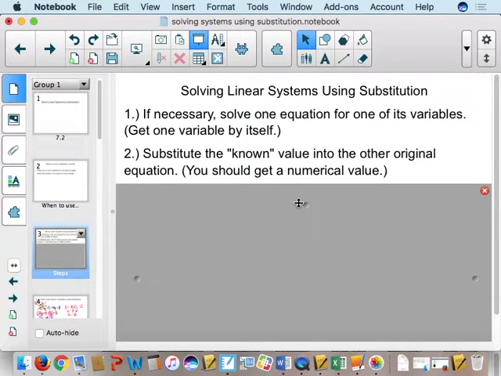Step 2. Substitute the known value into the other equation. You will get a numerical value.